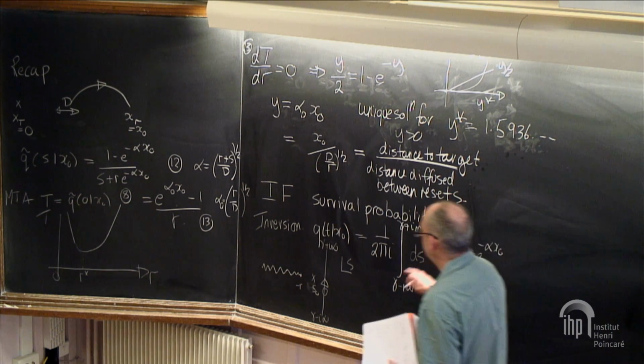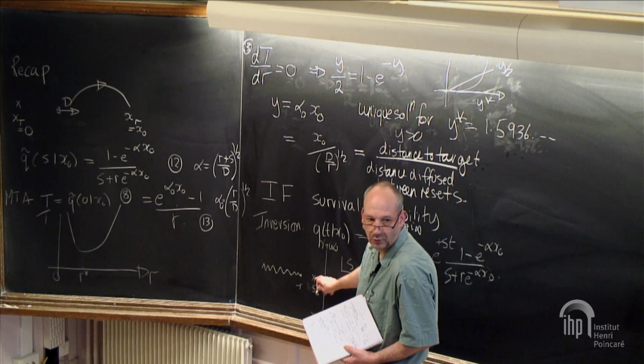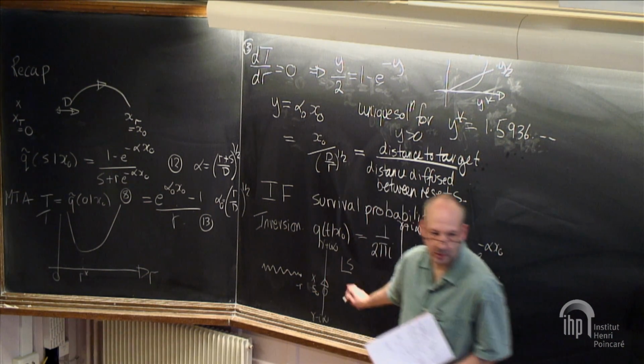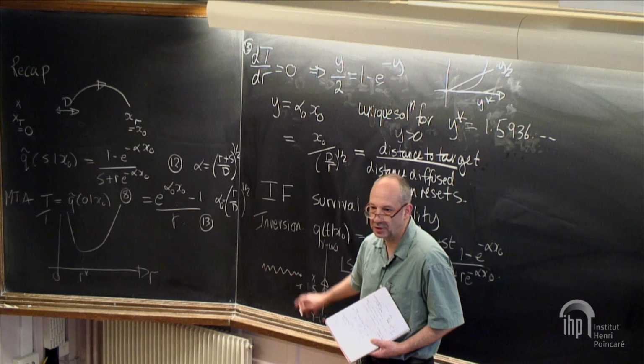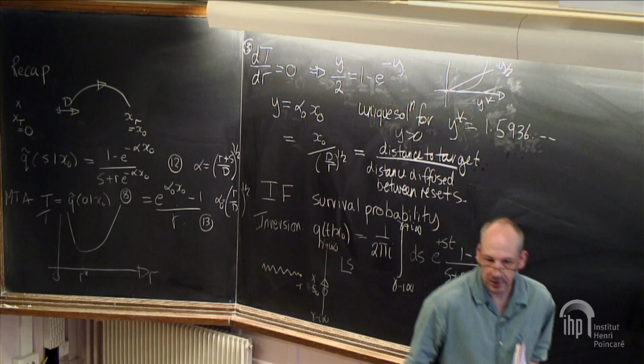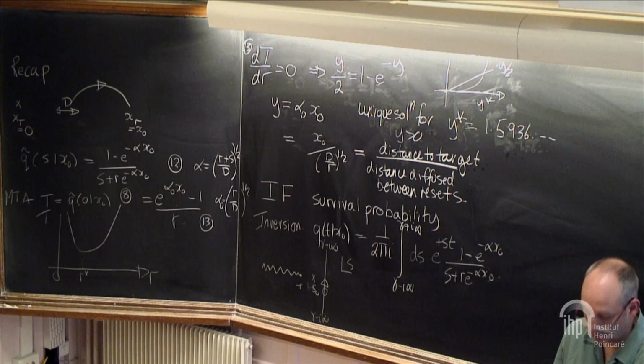So when t is large, it's this pole that will dominate the survival probability. And this branch point here and the branch cut will give a correction. So let me just focus on the dominant term, which comes from the pole.